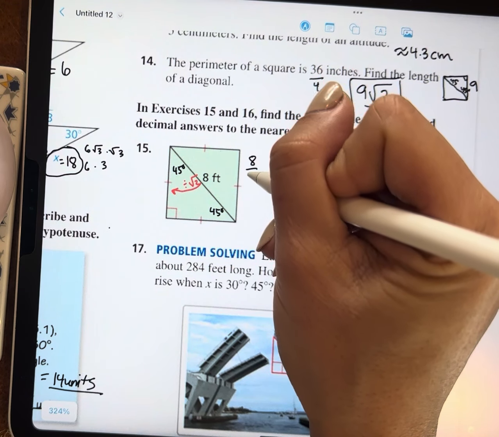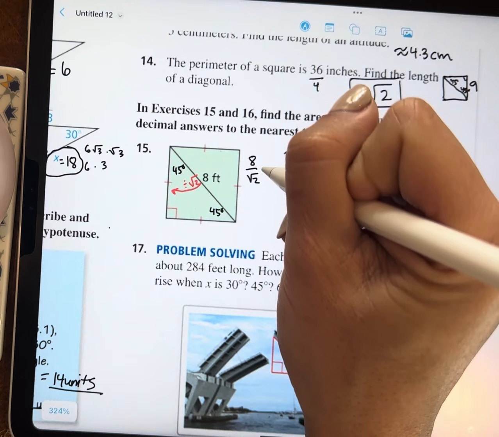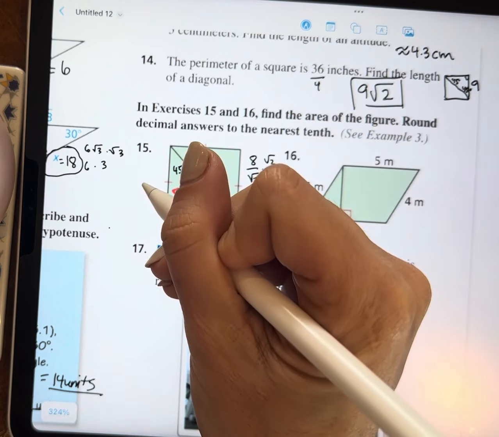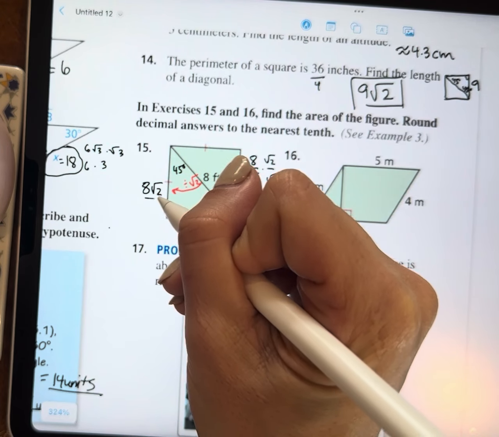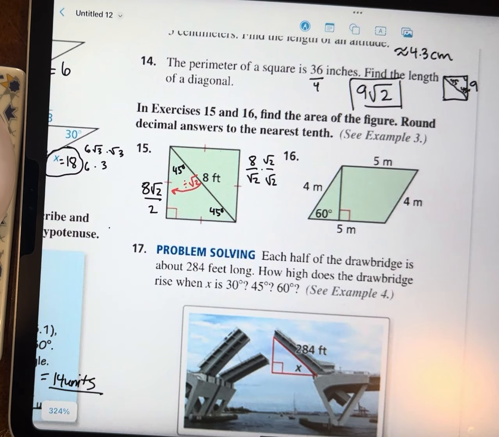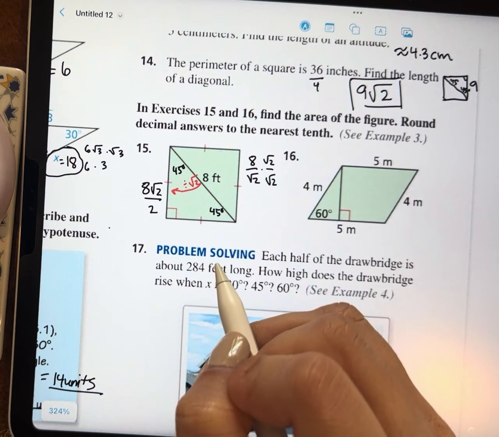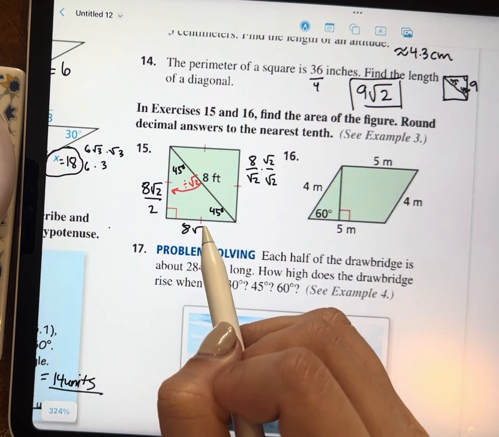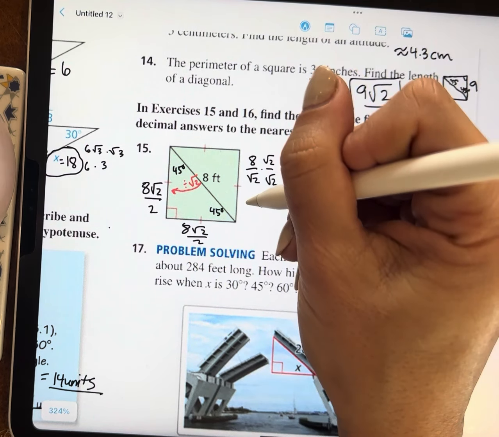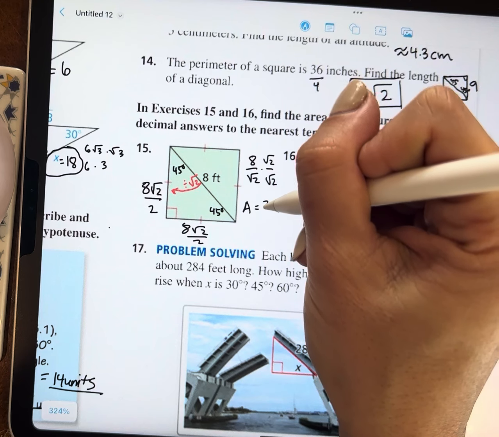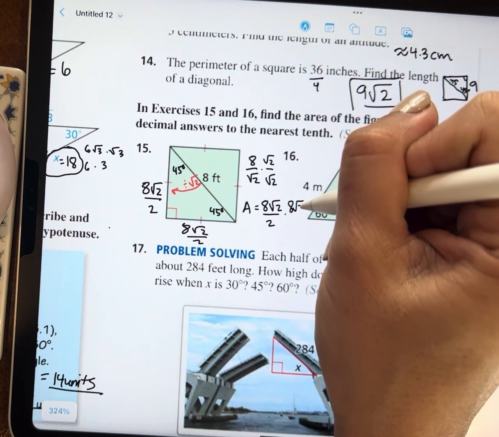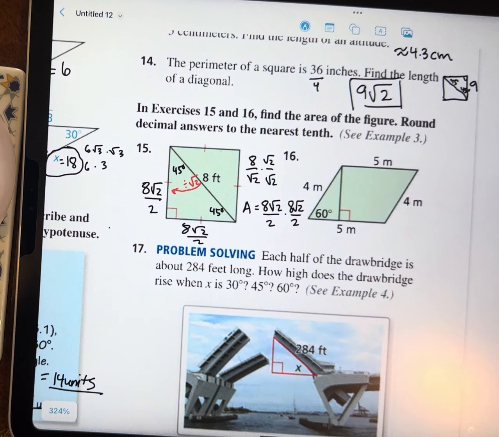So 8 over rad 2 must be rationalized to become 8 rad 2 over 2. And now area is base times height. So the area is equal to 8 radical 2 over 2 times 8 radical 2 over 2.